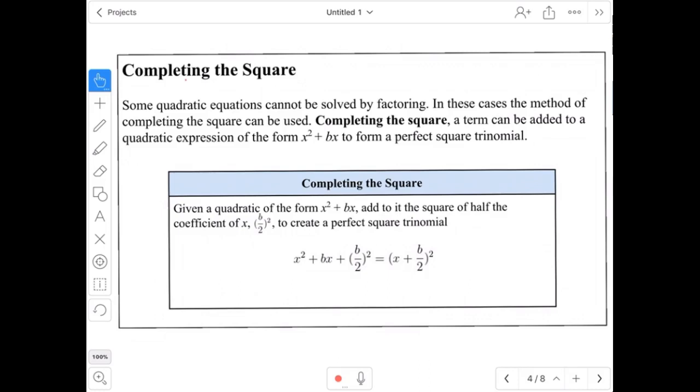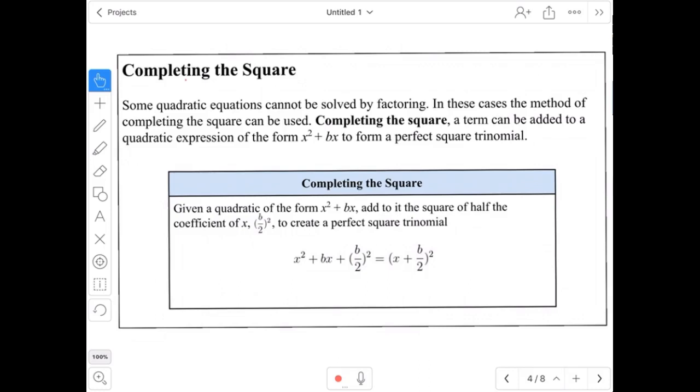So we're always assuming that that would be a 1 out front. If there is a number out front, we would have to deal with it. We'll see an example of that at the end. So some quadratic equations cannot be solved by factoring, like those ones that we just did. In these cases, the method of completing the square can be used. Completing the square, a term can be added.